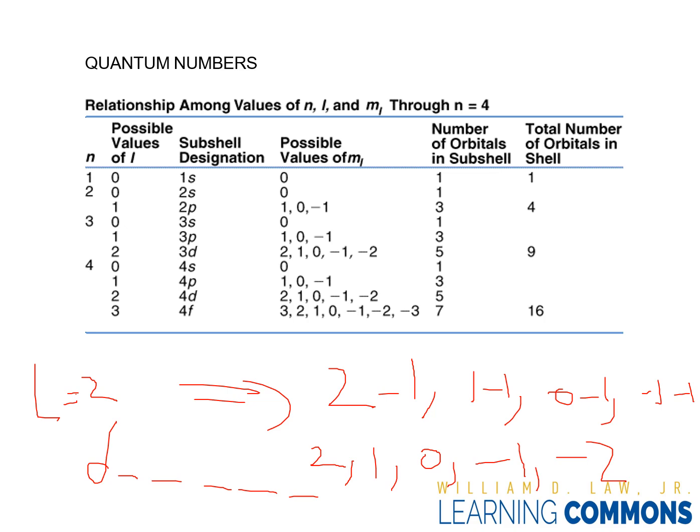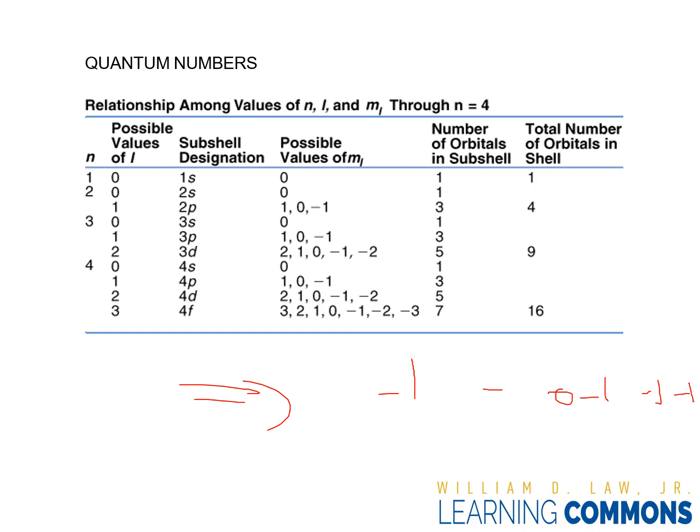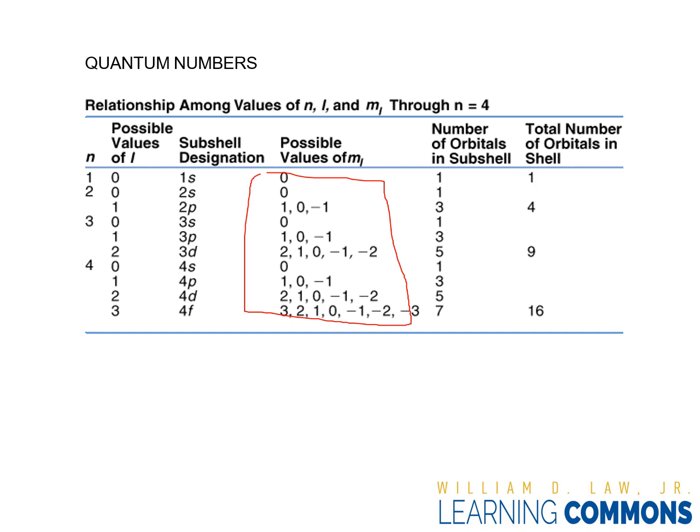Use this to figure out the ML value: each time just subtract 1 to find the number of ML values. This is the value, and the number of orbitals, as I mentioned. If you see here, s is 1 orbital, and this is the number of orbitals in the subshell.